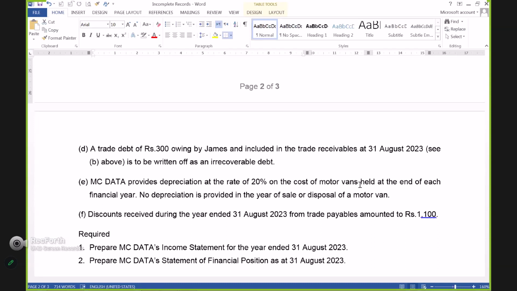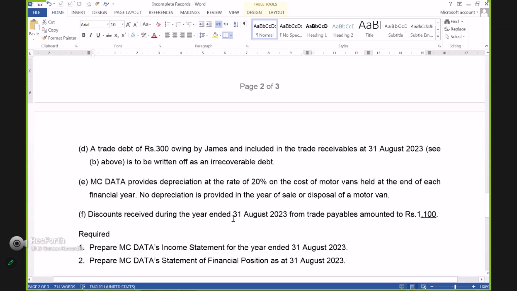It is calculated at 20%, but no depreciation is calculated for the sold or disposed motor van, so you do not consider depreciation for the sold motor van.